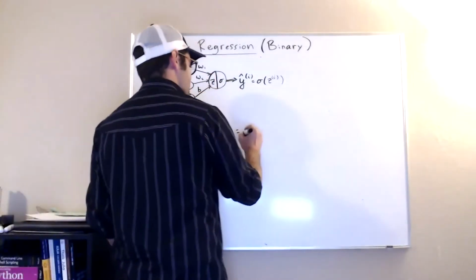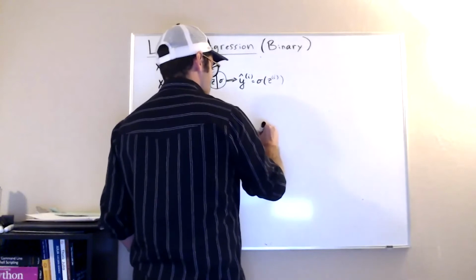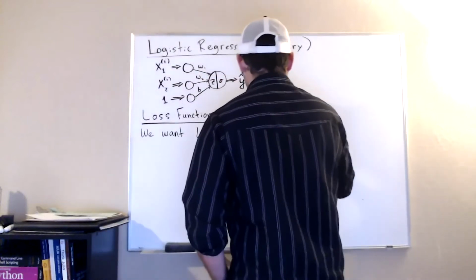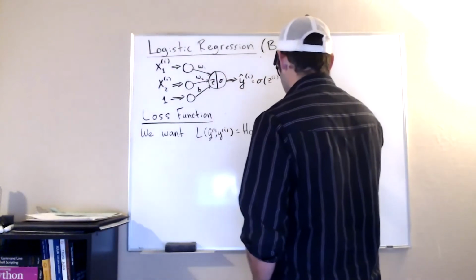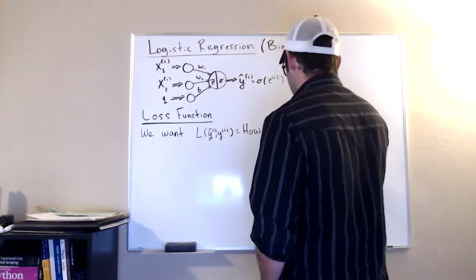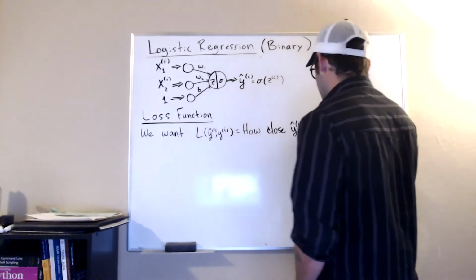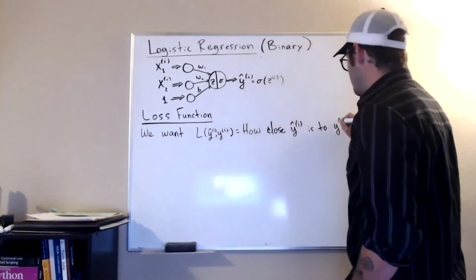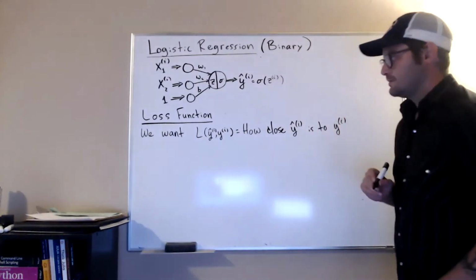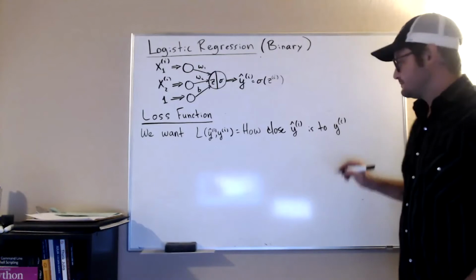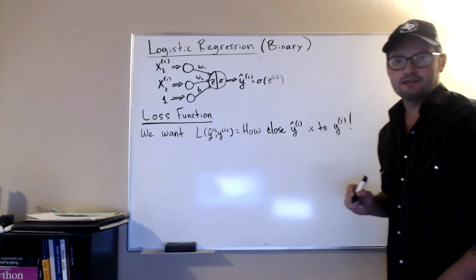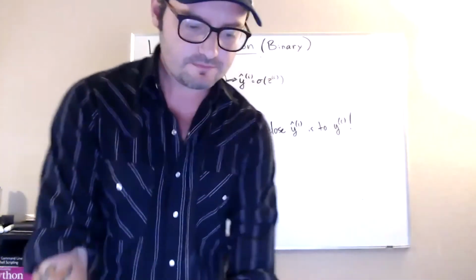It somehow measures how close y hat of i is to y of i. That's what we want. Design a loss function that does this.